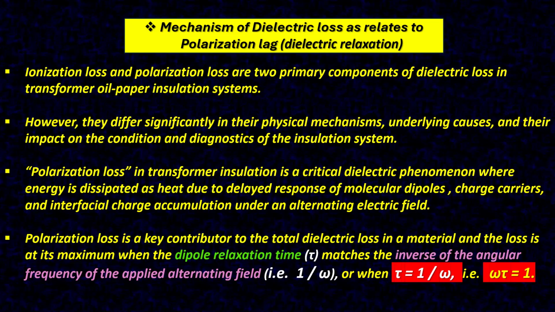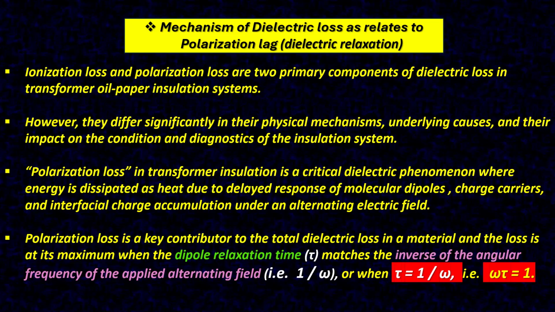Polarization loss in transformer insulation is a critical dielectric phenomenon where energy is dissipated as heat due to delayed response of molecular dipoles, charge carriers, and interfacial charge accumulation under an alternating electric field.